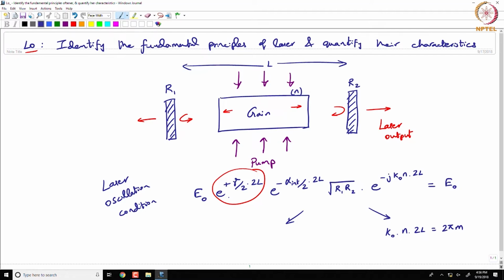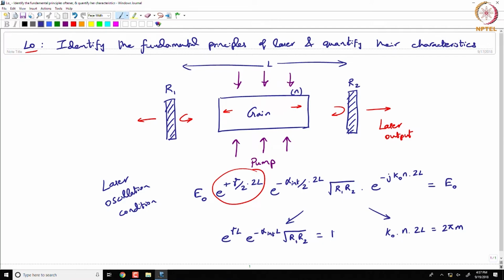So, we can rewrite that. When you are looking at the amplitude, e power gamma l e power minus alpha int l multiplied by root of r1 r2 should be equal to 1. Those are the two conditions that we get as a result of making sure that the fields are consistent upon a round trip.